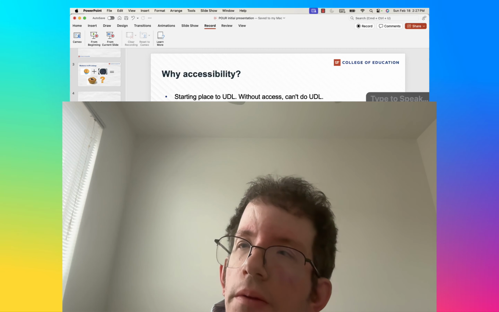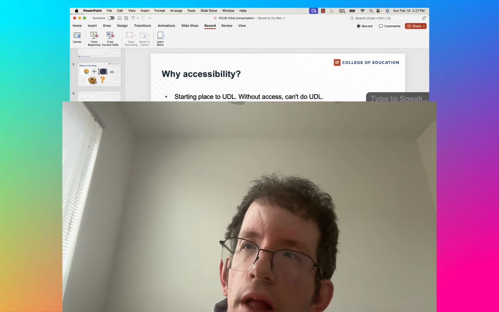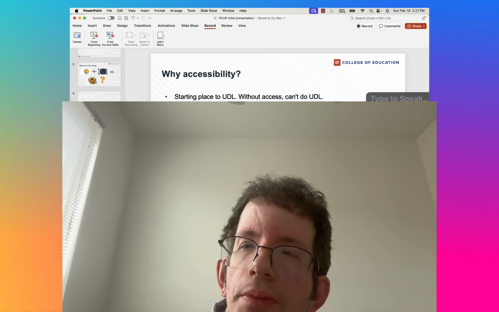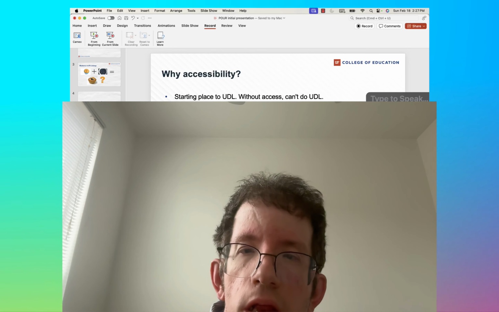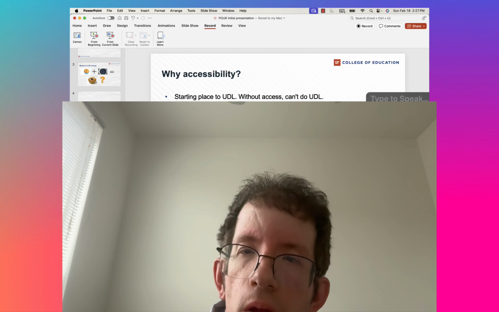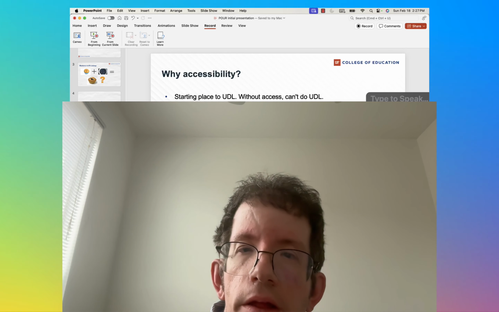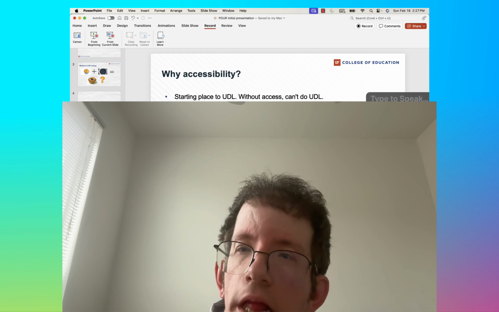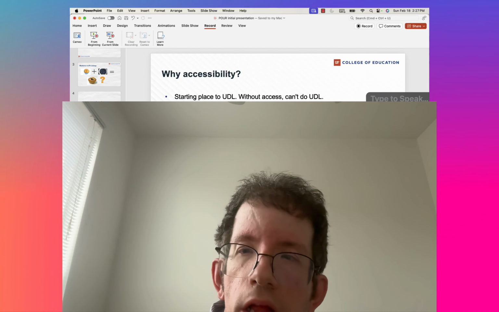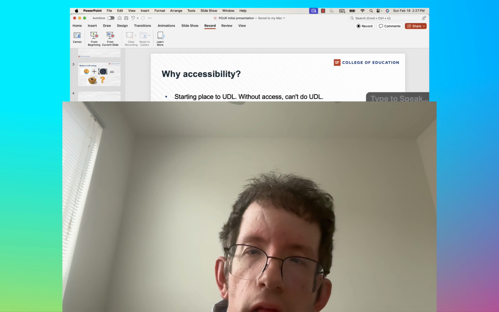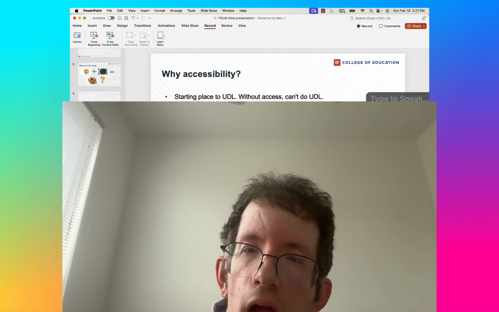In order for UDL to work without access, one cannot do UDL. When materials are flexible, they are less likely to create barriers to learning. Also, like we saw in the blueberry muffin analogy, it is most efficient to think about accessibility when you are designing instead of having to consider it later on.